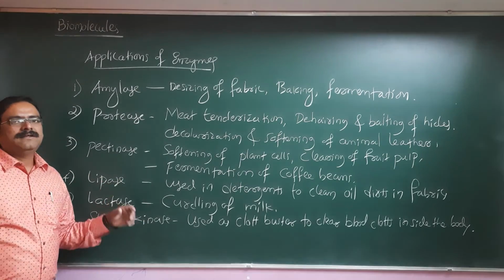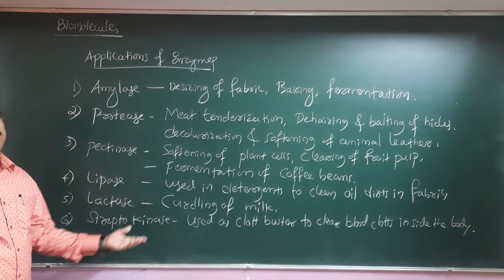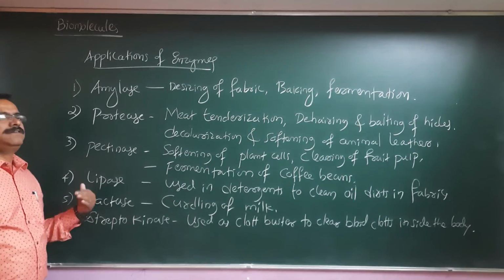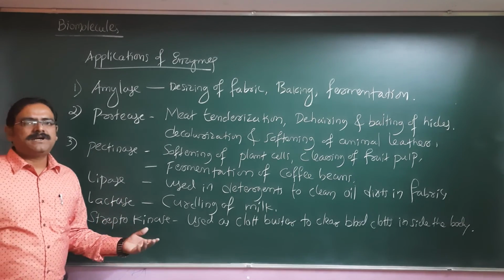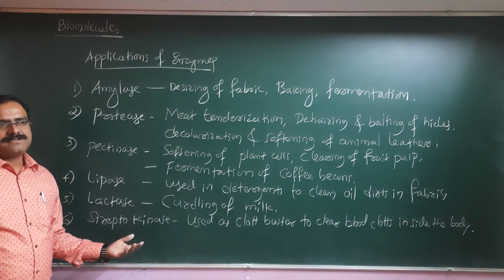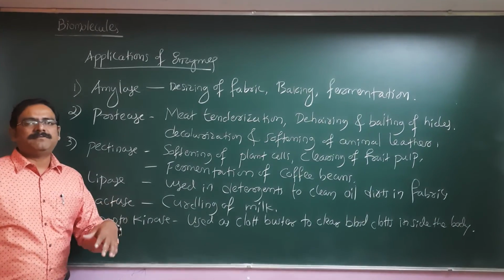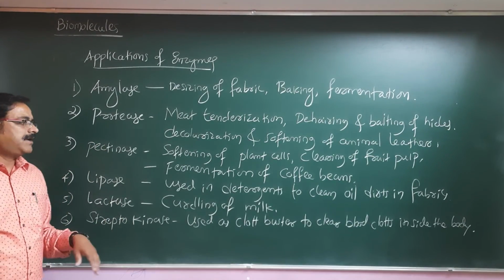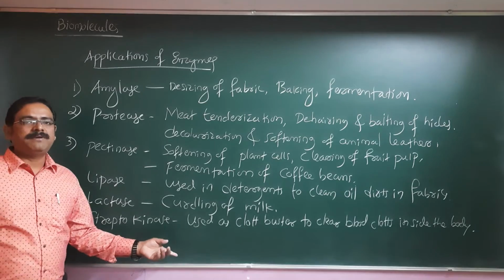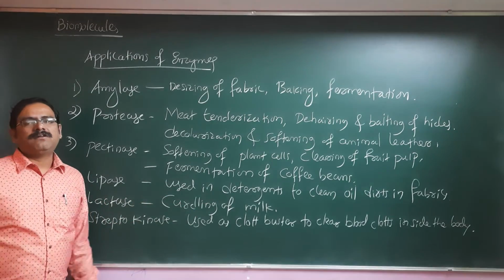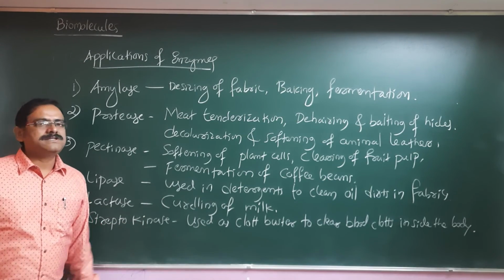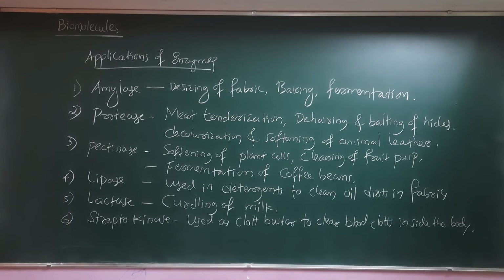Lactase is used mainly to convert milk into curd, so lactase can be used on an industrial scale. Streptokinase is most important. People undergo heart surgery, but there may be a chance of blood clots forming in the major blood vessels. Such blood clots can be very easily dissolved by using streptokinase, what we call the clot buster. So these are the major applications of the enzymes.